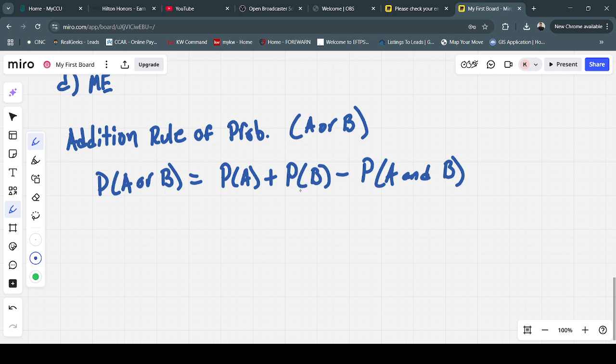But if they are not mutually exclusive, there is a number that has to go in here. That's why we looked at those scenarios: you have to make that determination when using this addition rule.